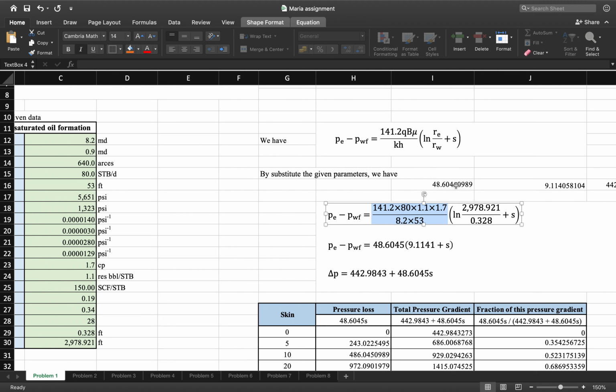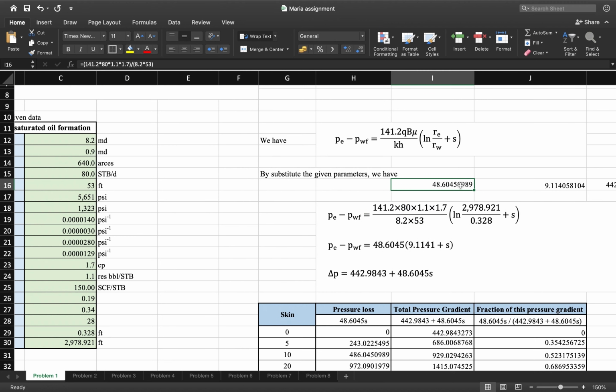It will be equal to 48.6045. And the logarithm of the radius of the reservoir over the radius of the wellbore will equal 9.11.